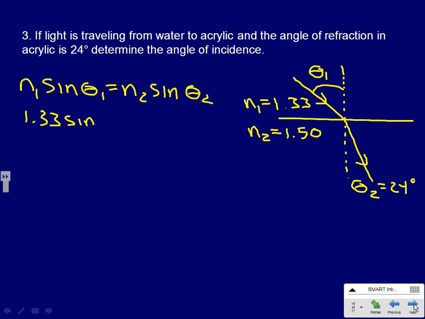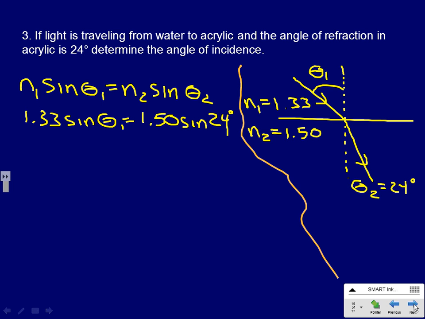1.33 sine theta 1 equals 1.50 sine 24 degrees. I'm going to divide that off over there.